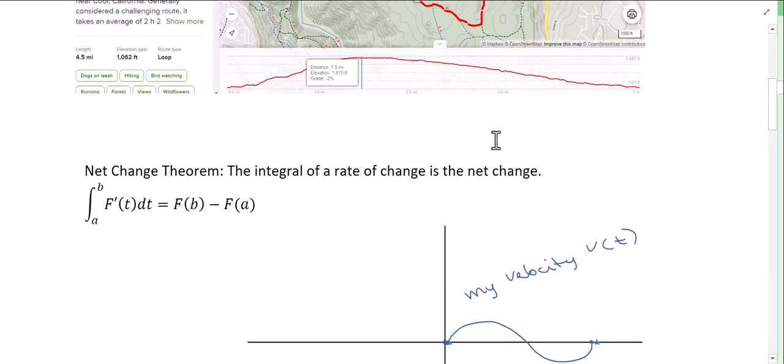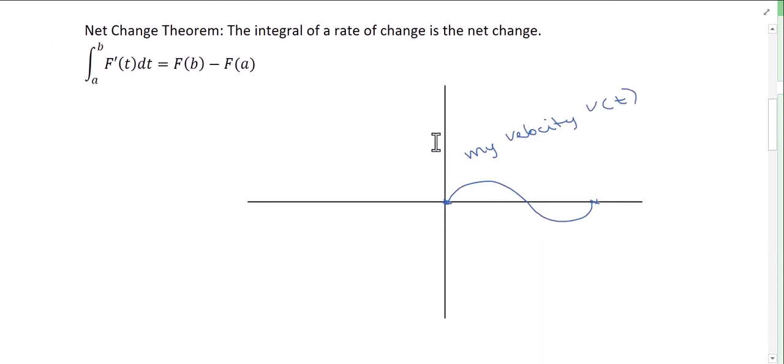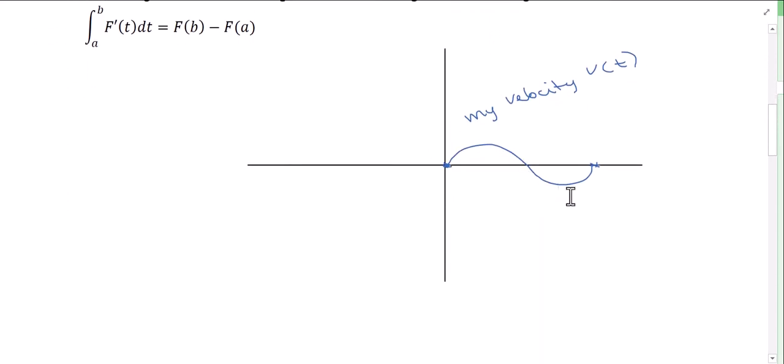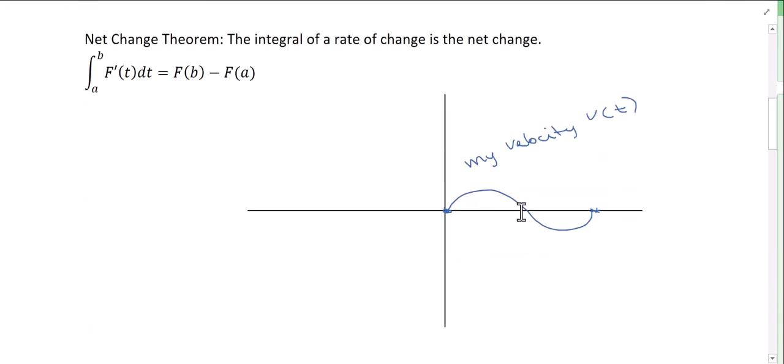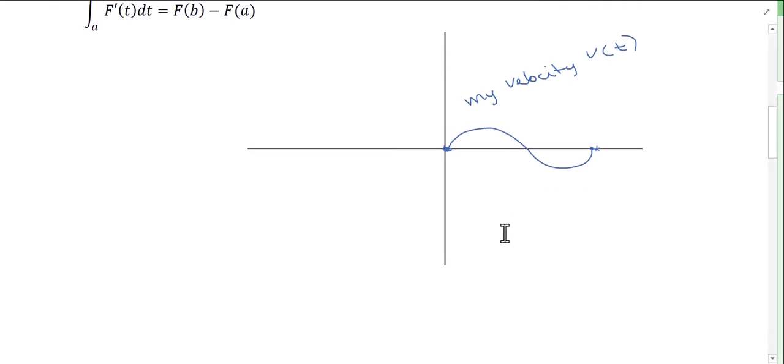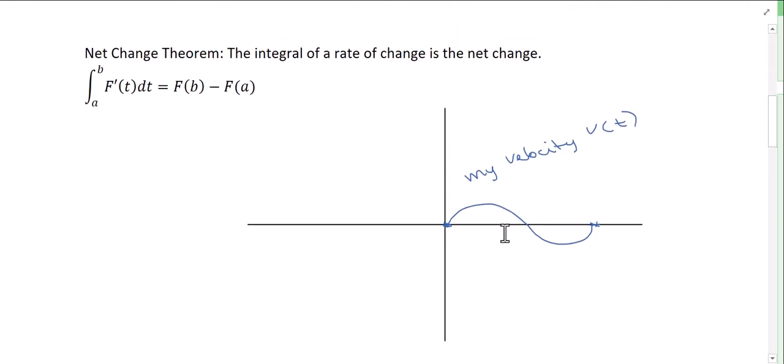So if I was going to draw my velocity, for example, in this hike, it would look something like this. This is me starting out and then coming back. So this is negative. The velocity is negative because I am on my way back. So that's what a negative velocity would be.